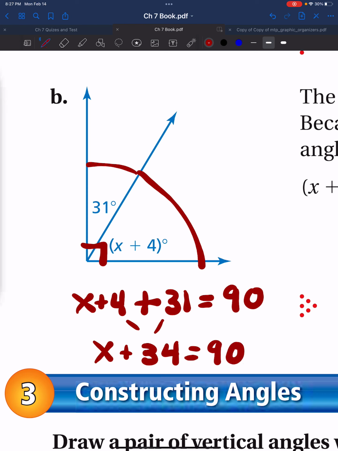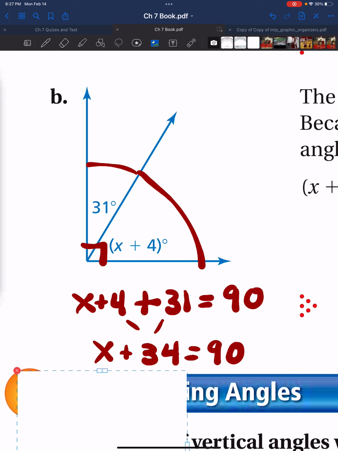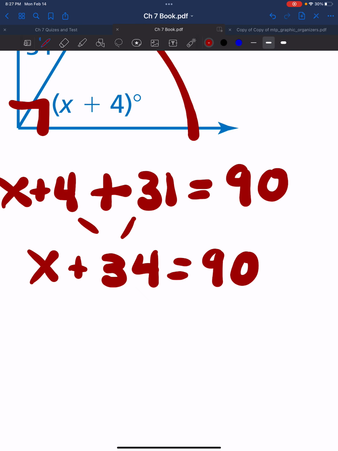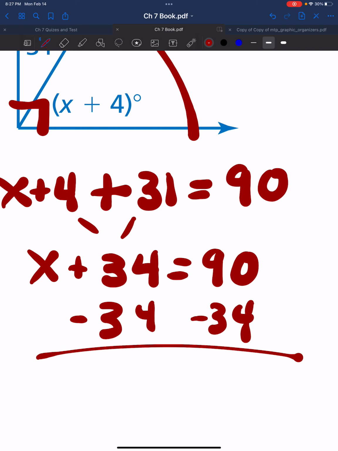How do I get x all by itself? Well, let me get a sheet of paper and give us more room to work. To get x by itself, I have to do the opposite of what's happening. It is being added by 34, so the opposite of that would be to subtract 34 from both sides.